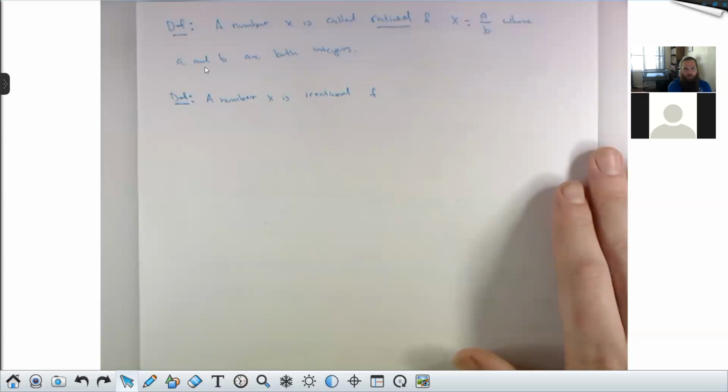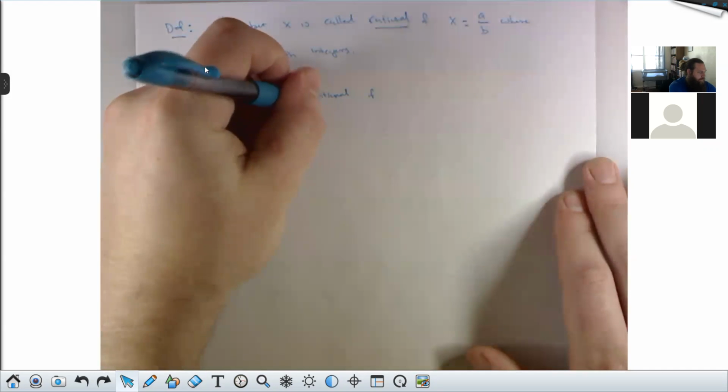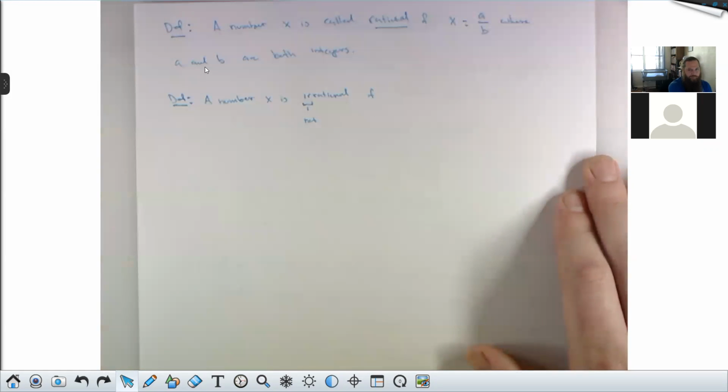So the answer that came in through a DM there was that if it has a square root in the denominator. Square roots are definitely connected to irrationality in big important ways, and that's actually where we're going with this. But pi is also irrational, right? E is also irrational. So there are some numbers that don't have anything to do with square roots that are also irrational. Really, ir just means not. This prefix just means not rational.